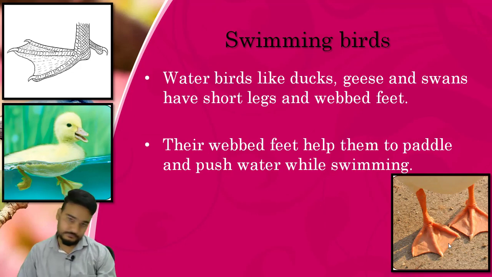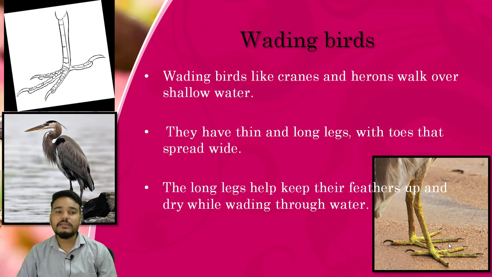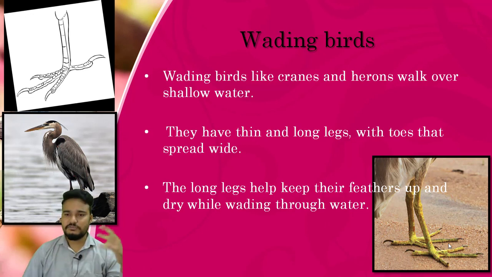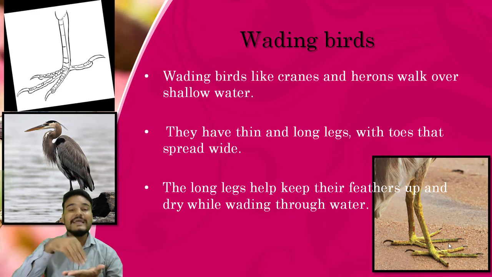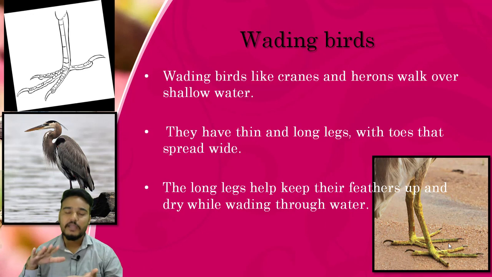Got it? Now wading birds. Now you might have seen some cranes and herons, means बगले. They जो shallow water होता है, shallow means उथला पानी, जहाँ पे the water is not that much deep, they go there and they stand steadily.